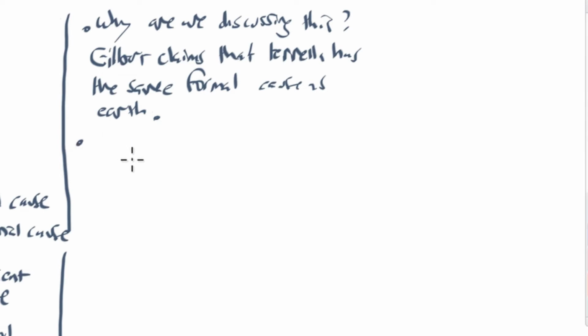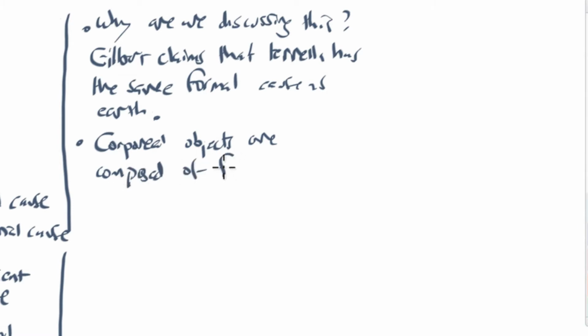According to Aristotle and also his followers, later medieval thinkers, every corporeal thing, every bodily thing, whether it's a rock or a tree or a squirrel or a person, is made up of form plus matter. So corporeal objects, things you can touch, are composed of both form and matter.